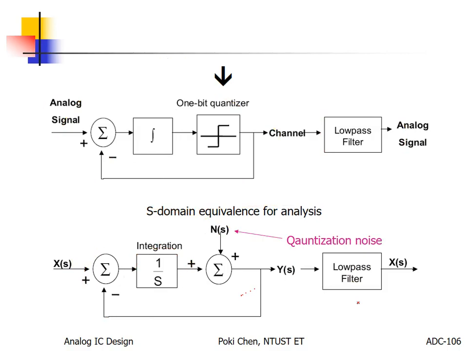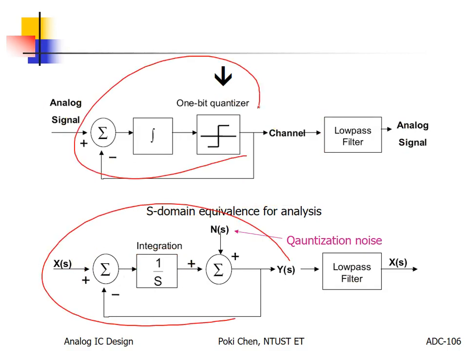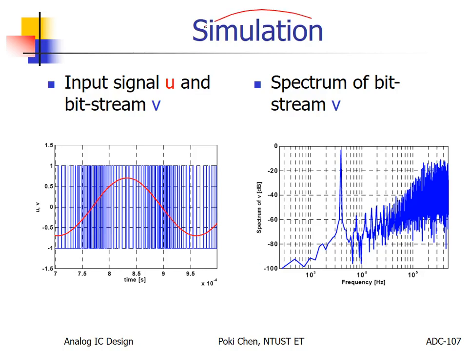Okay, yeah. After you transform from the time domain to the S domain with the Laplace transform, we get this, and you can analyze the relationship between your input and output. Later I will show you. But before that, I show you the simulation result. Okay, this is the original time domain.